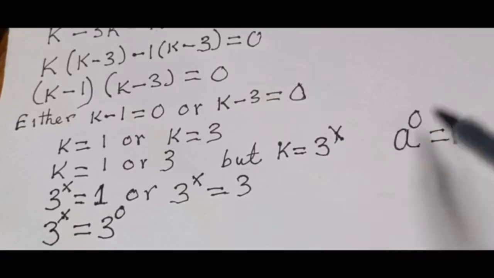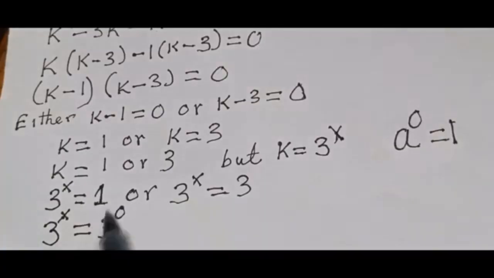So this law is the one we use here. Instead of writing 1, we write 3 power 0. Why do we write 3 power 0? Because we want to make the base of both sides equal so that we can equate the exponents. Because we have 3 here, that's why I've written 3 power 0.